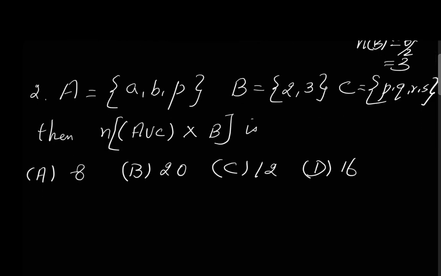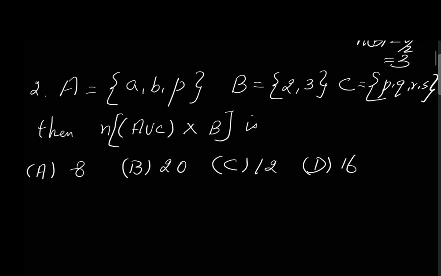Set A is a, b, p, B is 2, 3 and C is p, q, r, s. Then find n of (A union C) cross B. Find the number of elements in A union C and B. We know the elements of B, but A union C you have to find. So what is A union C?